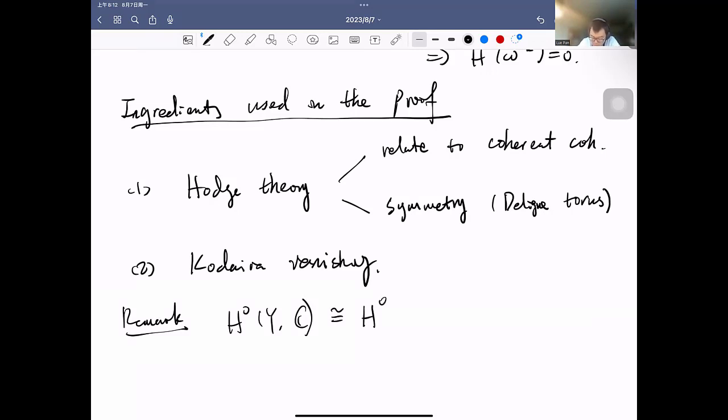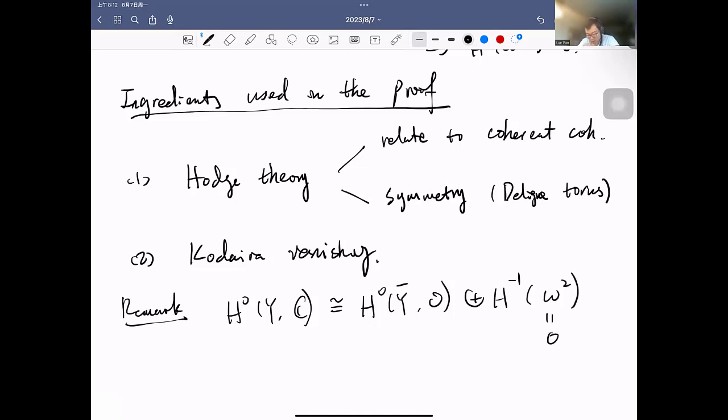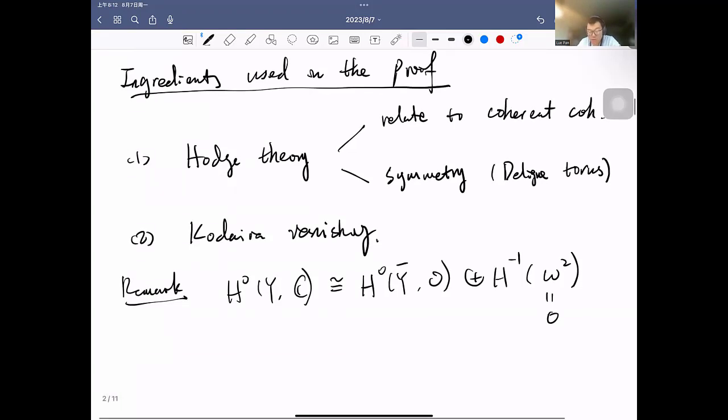In this case, the Shimura isomorphism is just isomorphic to H minus 1 of omega 2, which we know is 0. But as I mentioned, you should think that there's an action of the Deligne torus. So each term carries a Hodge-Tate weight.